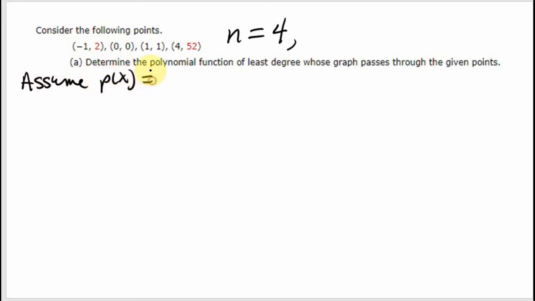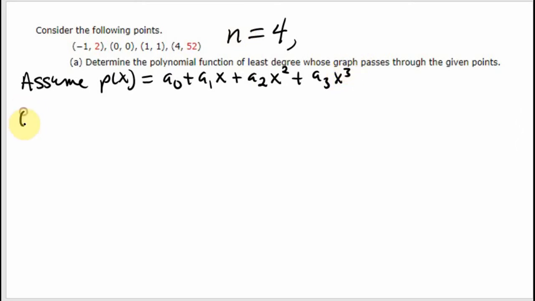So assume p of x is of the form a naught plus a sub 1 times x plus a sub 2 times x squared plus a sub 3 times x to the third. You count up the terms, 1, 2, 3, 4. We have 4 terms. The degree is 3, n minus 1.